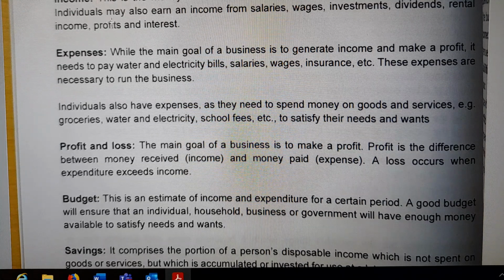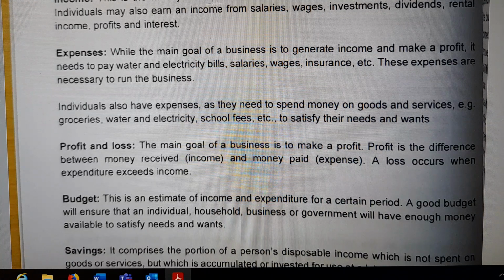What is income? This is the money a business earns from selling goods or providing a service. So if I sell toothpaste, I get an income. Or if I am a hair salon, I style your hair, I provide a service, and the money that I get is an income.